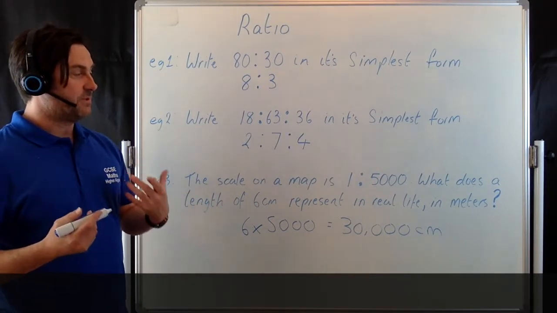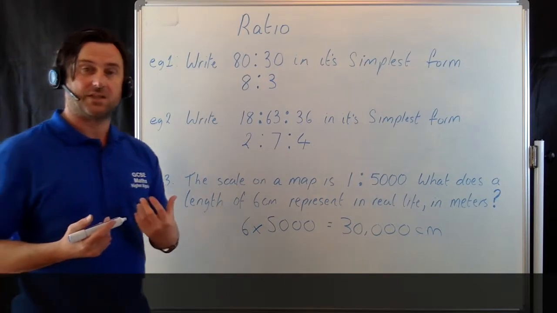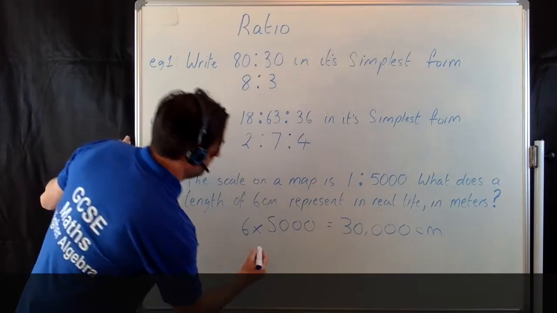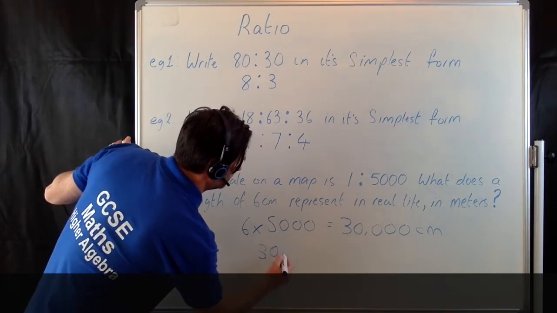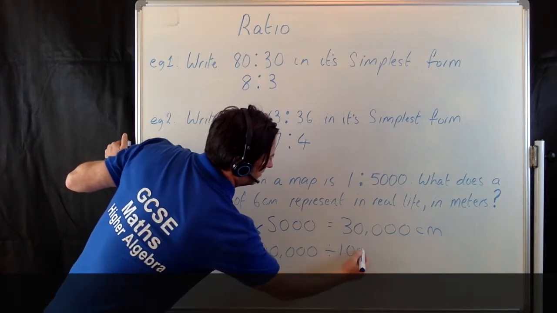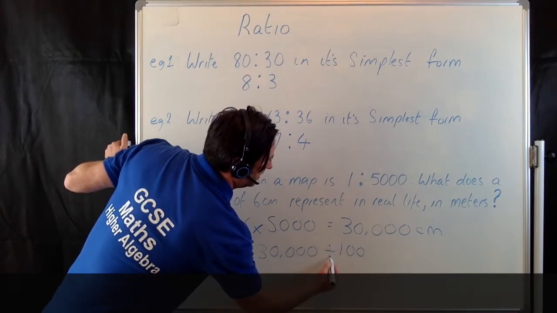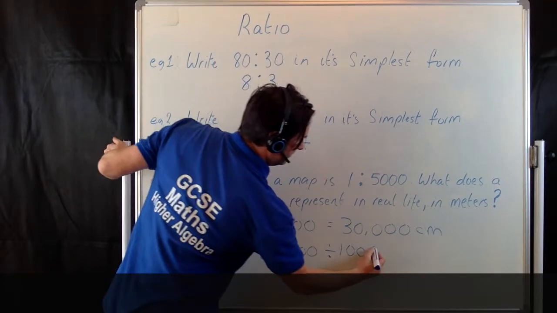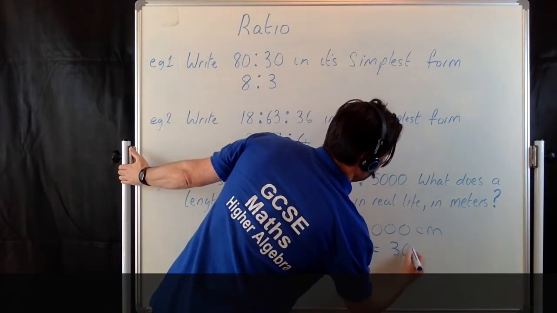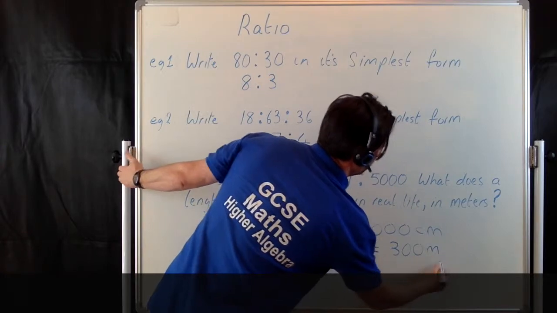Now the meter to centimeter conversion, there are 100 centimeters in a meter, so we need to divide 30,000 by 100 to put it into meters. So 30,000 divided by 100, that's going to give me, 2 zeros off of that leaves me with 300 meters.